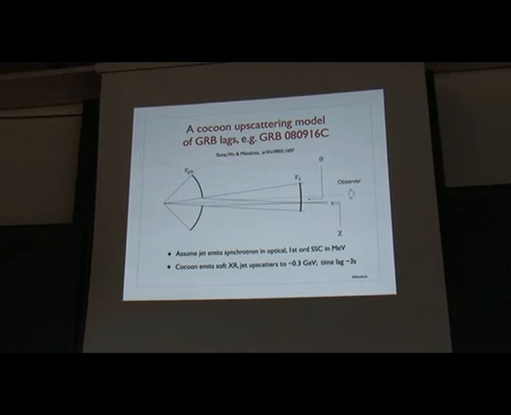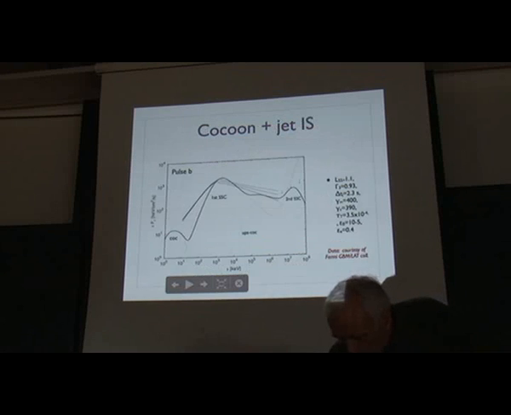Trying to explain these complicated spectral developments for these bursts seen by Fermi, we end up with a scheme where we can fit things if we assume that the jet is emitting synchrotron photons in the optical, and the MeV is caused by first order synchrotron self-Compton, and then the cocoon X-rays are upscattered to 0.3 GeV, and the time delays come out to be of the right order of magnitude.